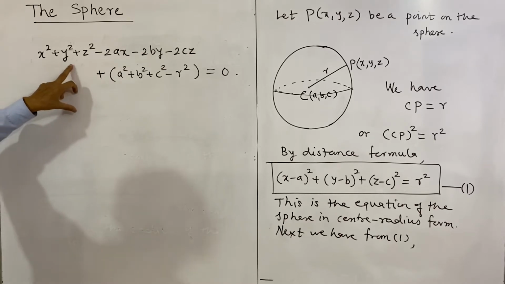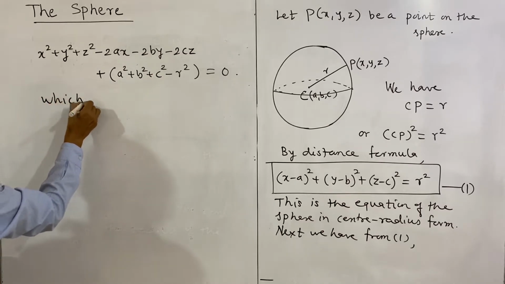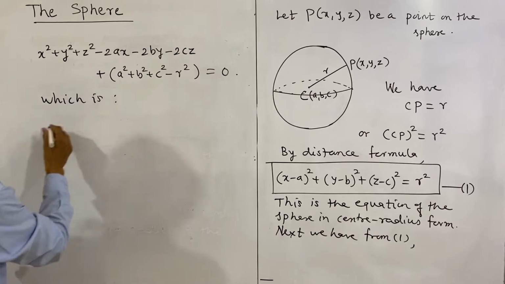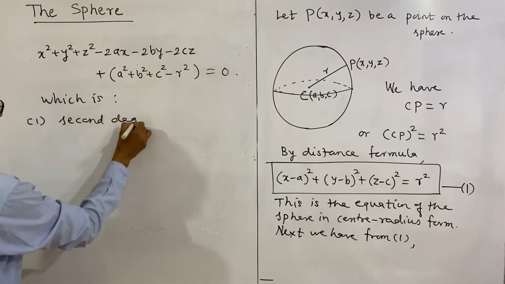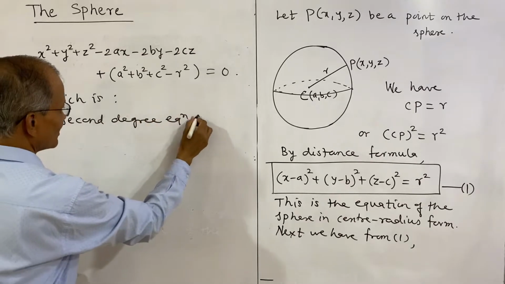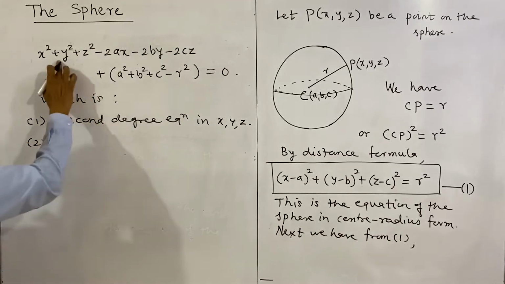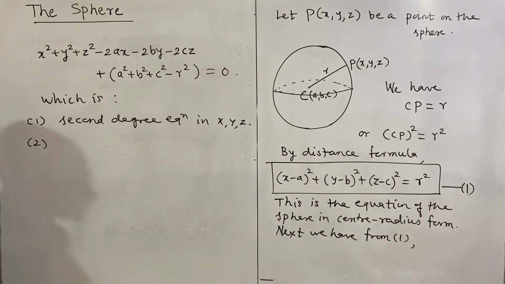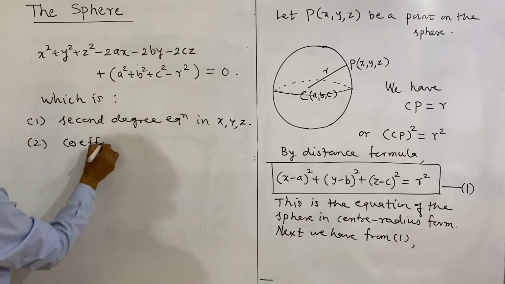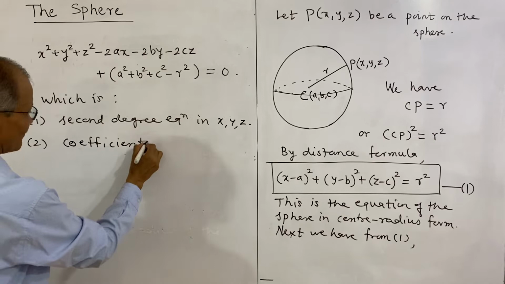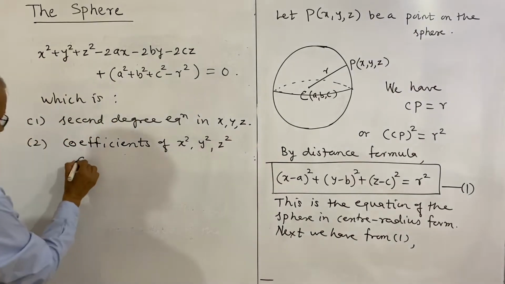This is the second degree equation in x, y, z, and second thing is the coefficients of x square, y square and z square are equal.